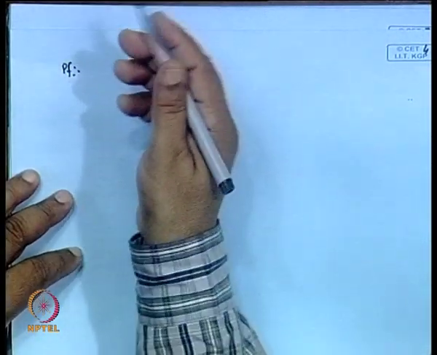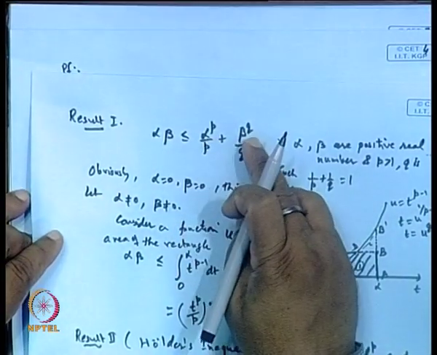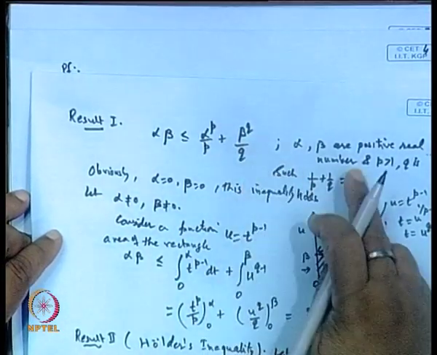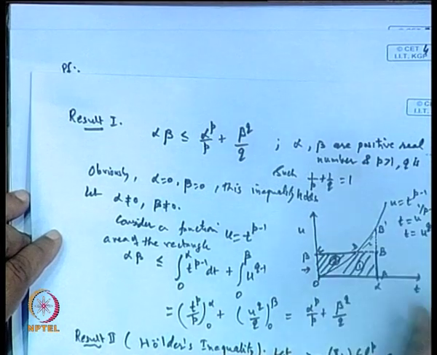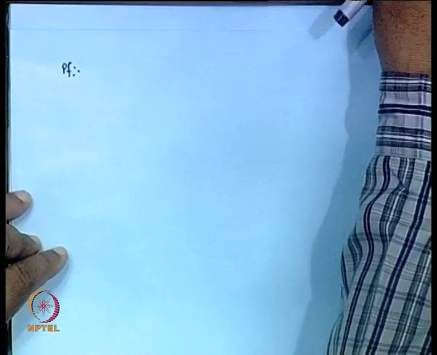In order to prove this result, we will make use of the inequality which we have derived first, alpha beta is less than or equal to alpha to the power p by p plus beta to the power q by q, for any positive real numbers alpha and beta. So, let us start.